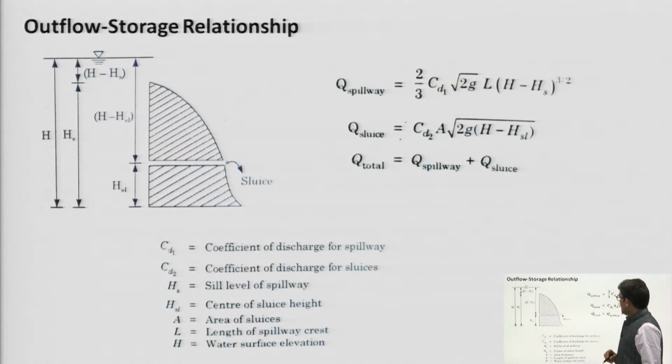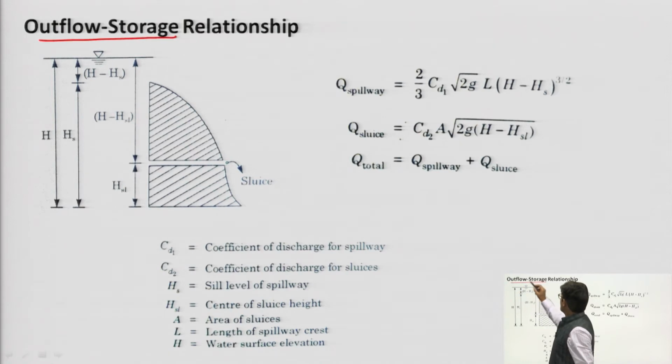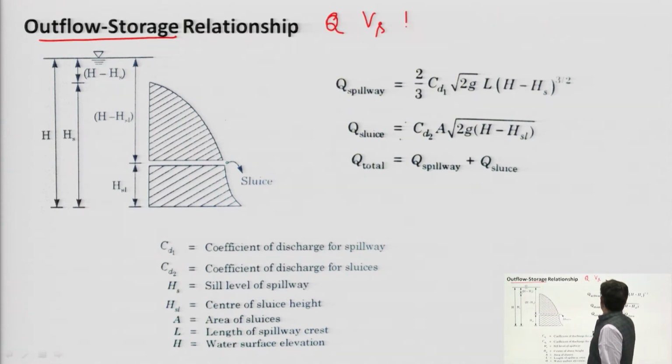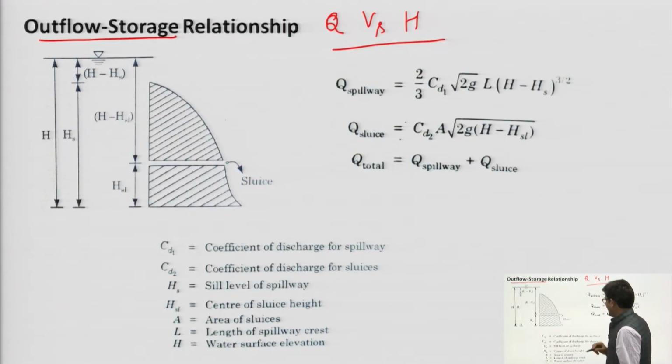And the outflow storage relationship, meaning Q versus h. So first one was storage versus h, and second one is Q versus h.